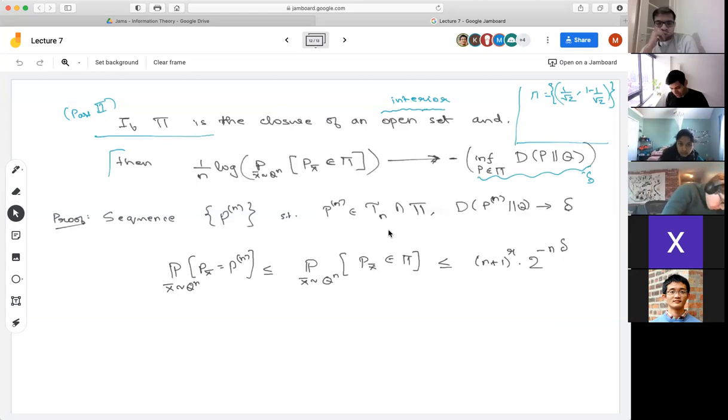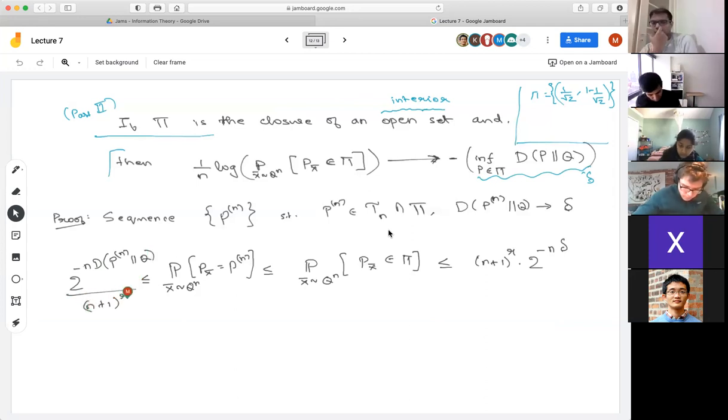When we are looking at a specific element, we can use the lower bound that we had before, which was just in terms of the KL divergence of this element p superscript n with respect to q.